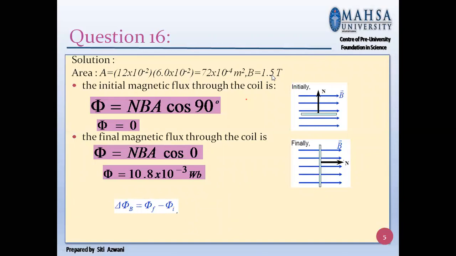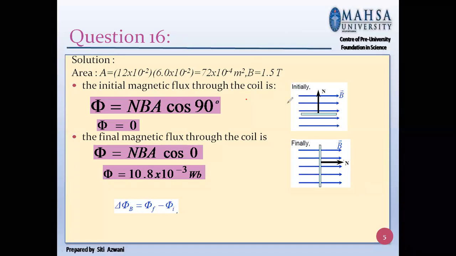So you have a first condition, the initial. Calculate the initial magnetic flux through the coil. If you refer to this figure, initially this is your plane, and then you have the normal of your plane here, always perpendicular to your plane.